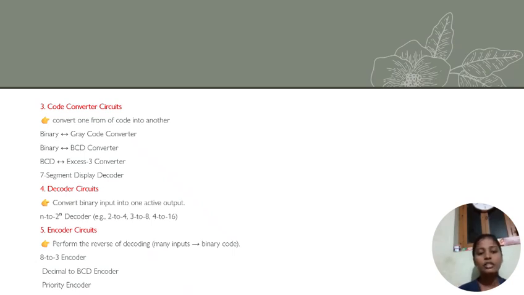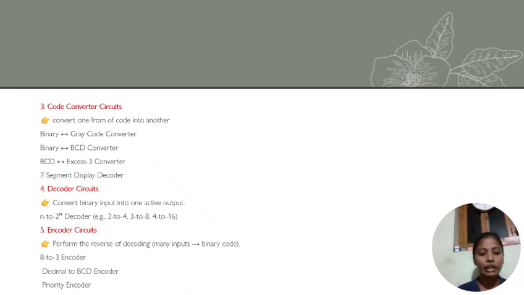Code converter circuits convert one form of code into another form, like binary to gray code converters, gray to binary code converters, BCD converters, BCD to excess-3 converters, and 7 segment display decoders.